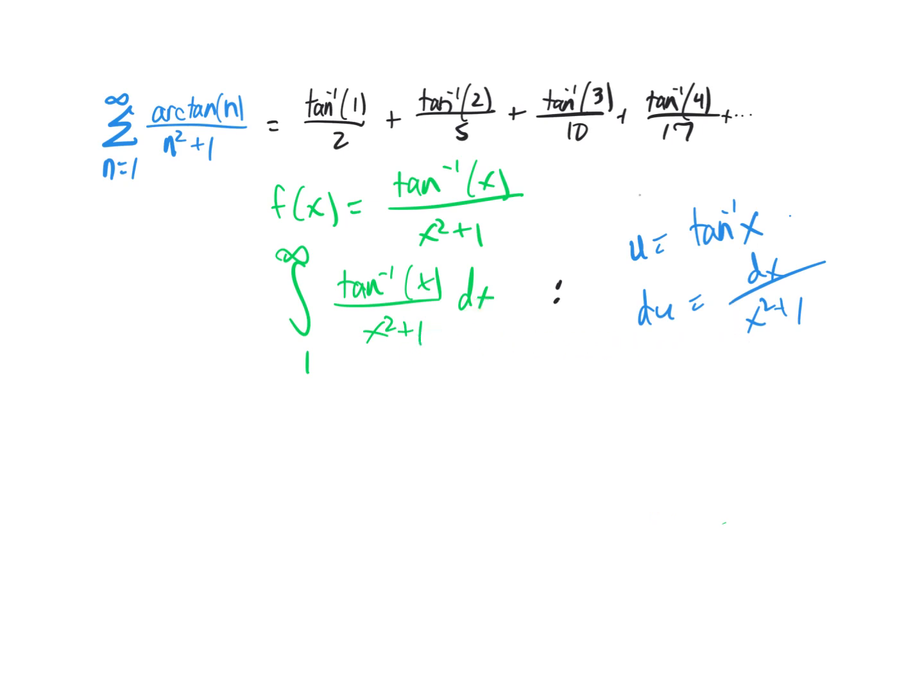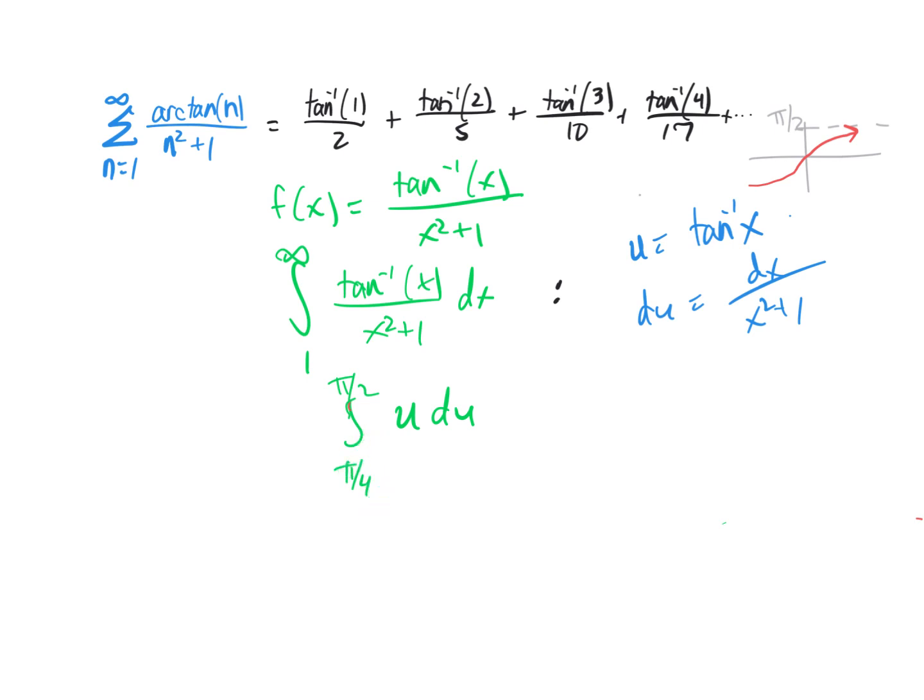So we have the definite integral of just u du. And if x starts at 1, then u starts at inverse tangent of 1, which is pi over 4. And as x goes up to infinity, u is approaching the arctangent of infinity, which is pi over 2. Recall the graph. And now we don't have to deal with the improper integrals.